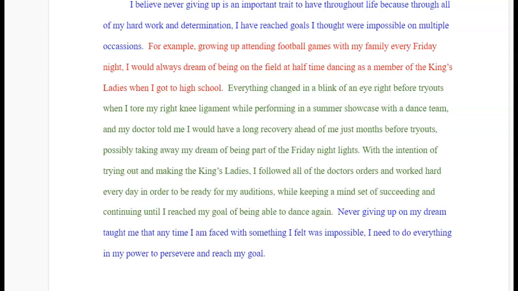With the intention of trying out and making the King's Ladies, I followed all of the doctor's orders and worked hard every day in order to be ready for my auditions while keeping a mindset of succeeding and continuing until I reached my goal of being able to dance again. Never giving up on my dream taught me that anytime I am faced with something I felt was impossible, I need to do everything in my power to persevere and reach my goal.